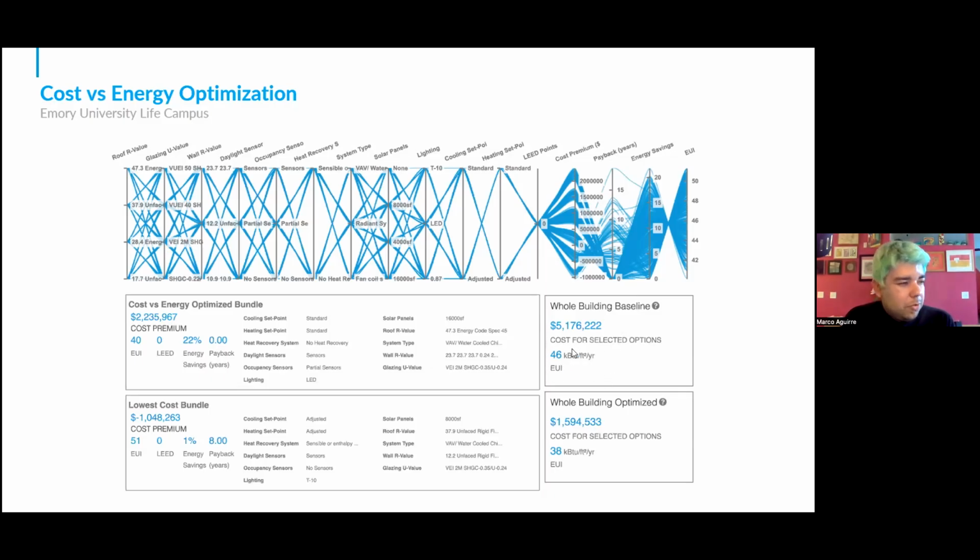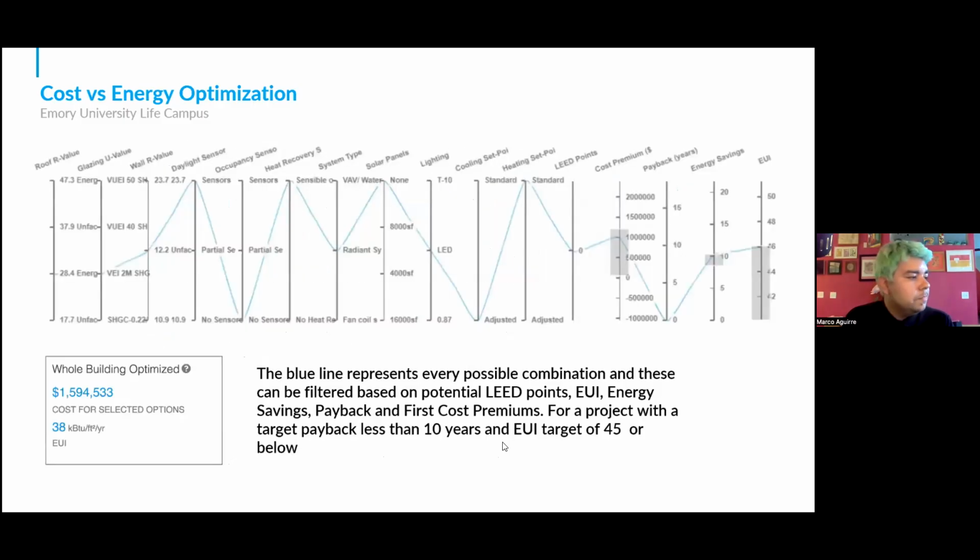The building was going to perform at a 46 EUI. That's the baseline. And then just with the first optimization, if we invested an additional 2 million, we could reduce our EUI by kBTUs, which allowed us 22% energy savings, and some of the options we need to choose for that project.